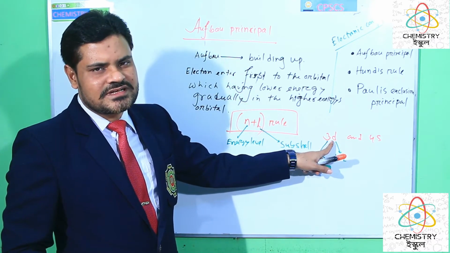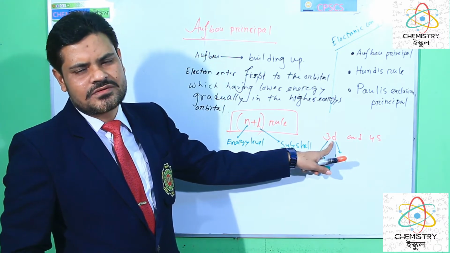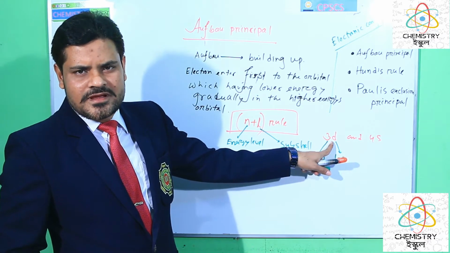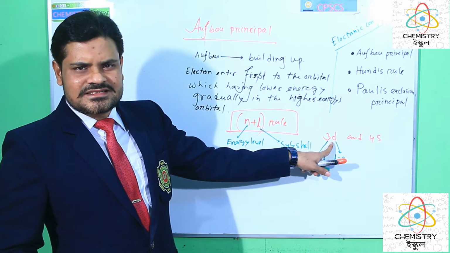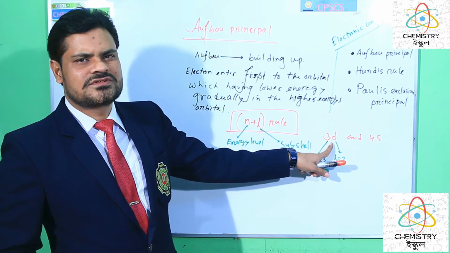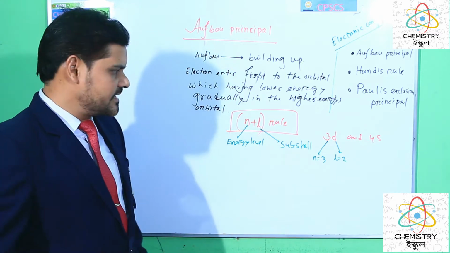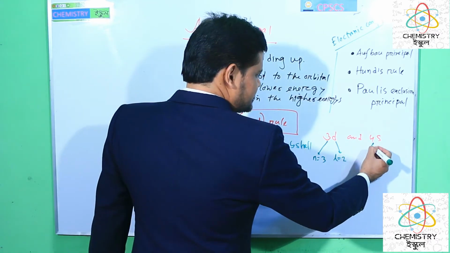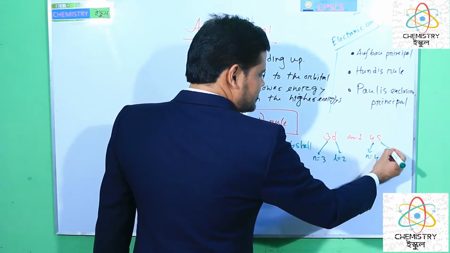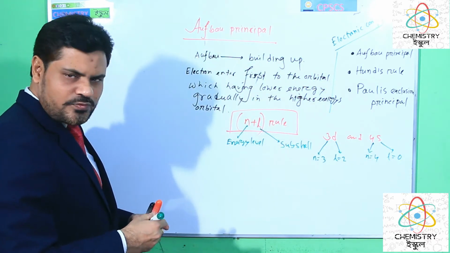When l is 2, it is d. If l is 0, it is s, and l 1 is p. In the previous lecture, I talked about the quantum numbers in detail. And here, the value of n is 4 and the value of l is 0 for s.